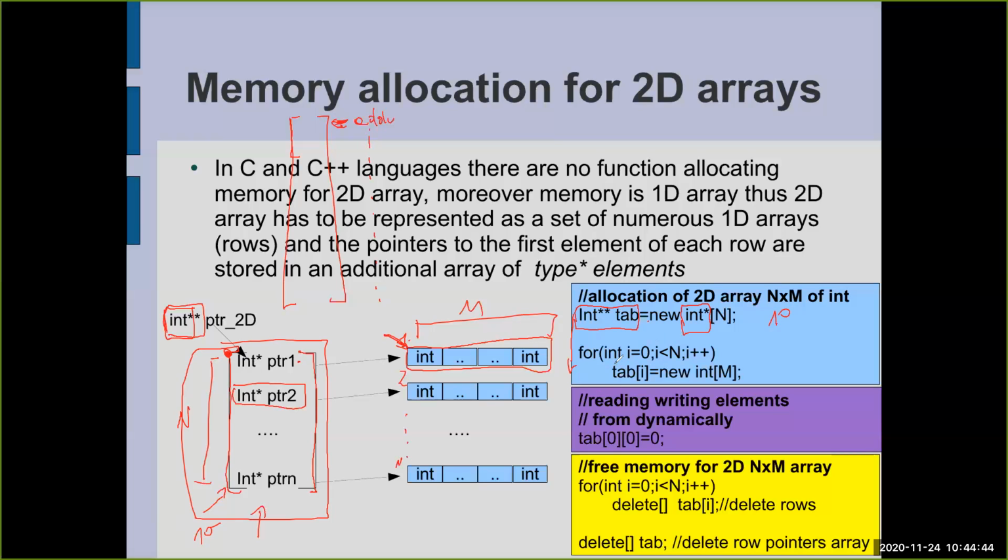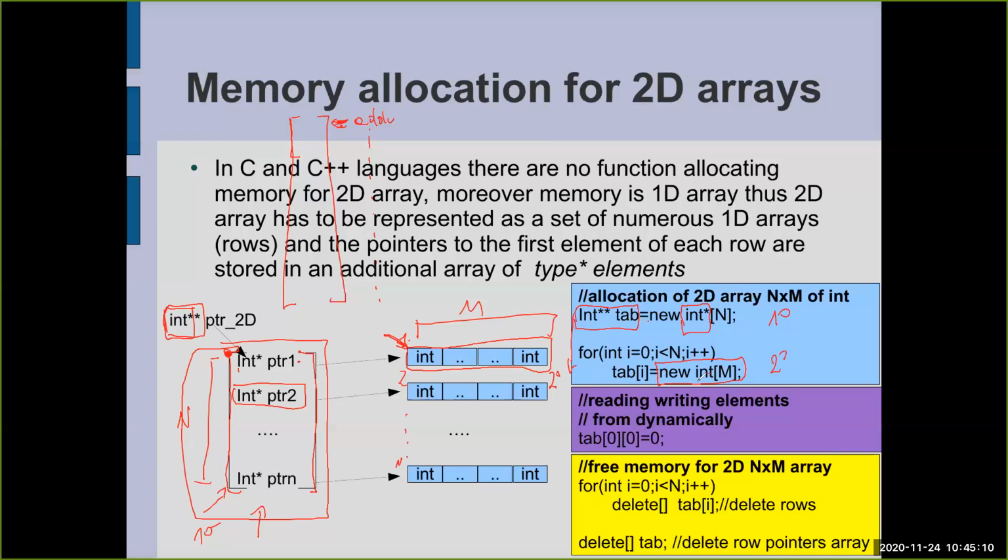Now, for every element in this array, so tab index i, meaning the address of the ith row, I allocate memory for a single row. So I allocate memory for the first, second, and so on row.